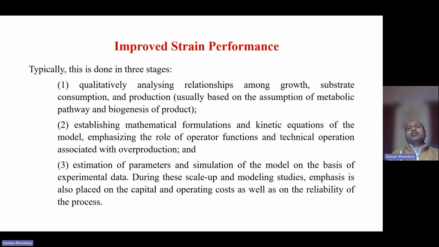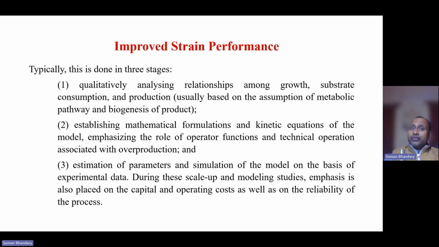And during the strain improvement process, it is important to keep in mind that the ultimate success also depends on optimizing the fermentation process, optimizing the fermenter design, and the use of either batch, fed batch, or continuous culture.